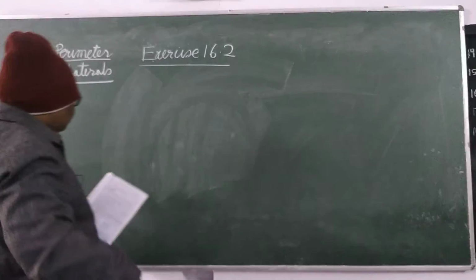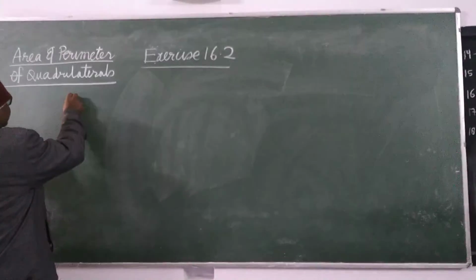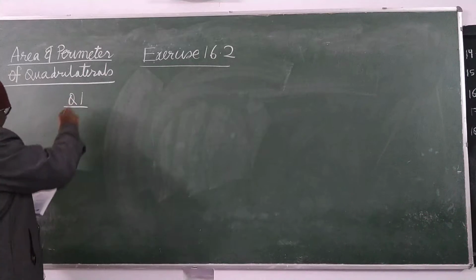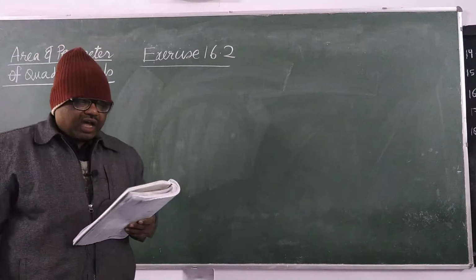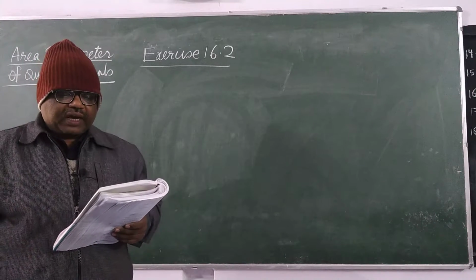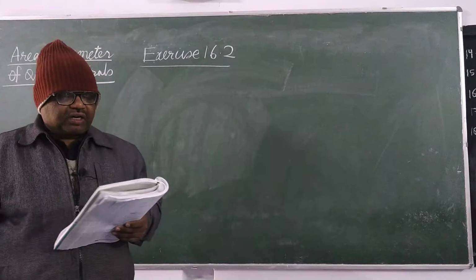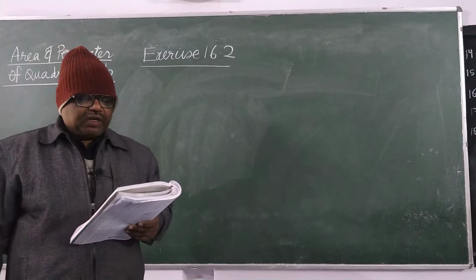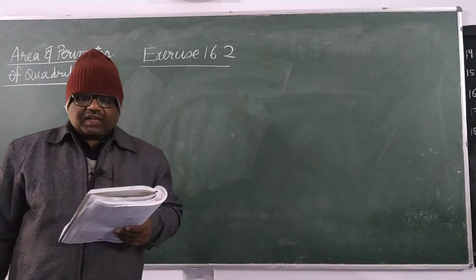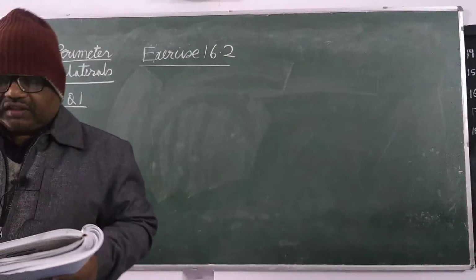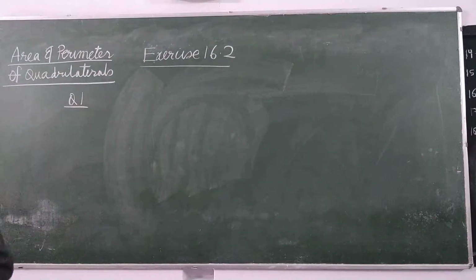Now question number 1, here you can see, find the area of quadrilateral whose one diagonal is 20 centimeter long and perpendicular to this diagonal from the other vertices are of length 9 centimeter and 15 centimeter.